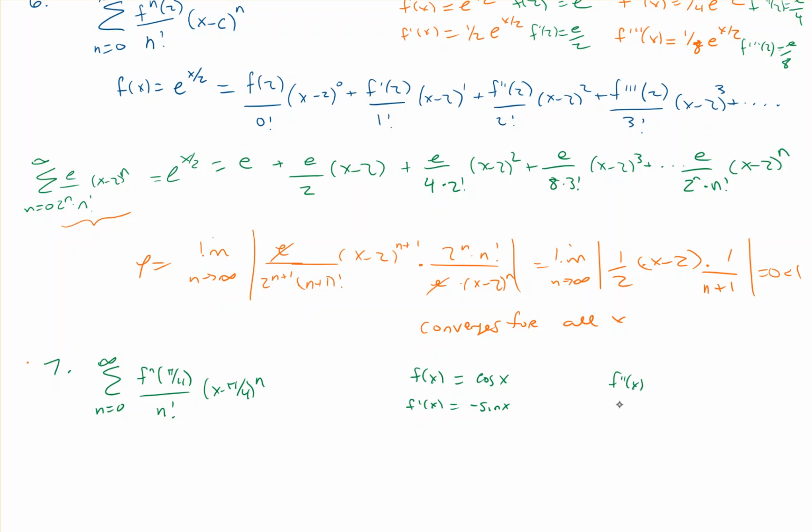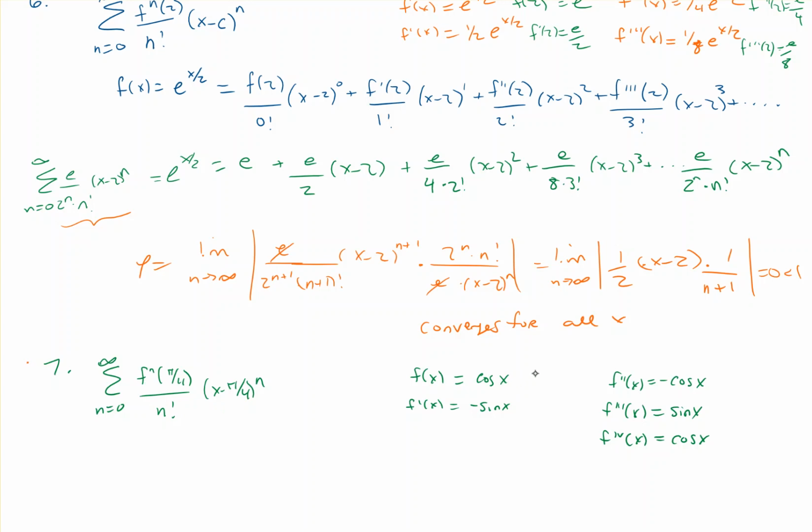Yes, for the first 5 terms, that means I need to do one more. Some of you see the pattern. You don't need to do it all out, but we have to now evaluate the function and its derivatives at pi over 4. And the good news, pi over 4 is easy, right?